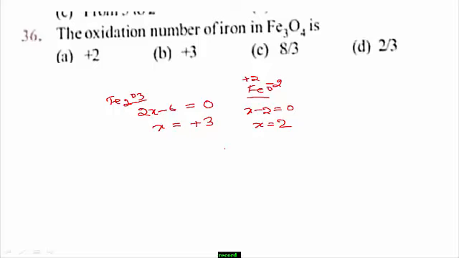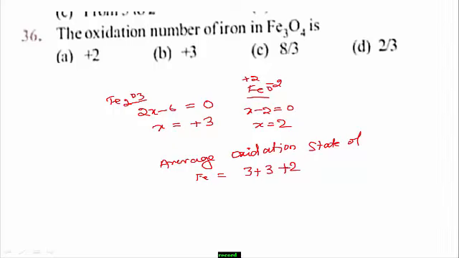Average oxidation state of Fe. Yes, I take the average oxidation state of Fe. Here 3 Fe atoms are present, therefore I take 3 plus 3 plus 2 divided by 3.